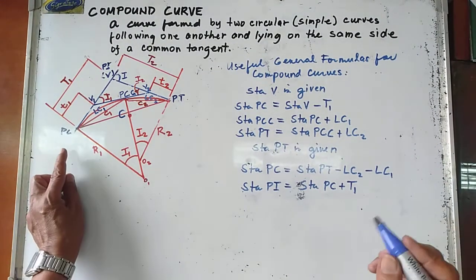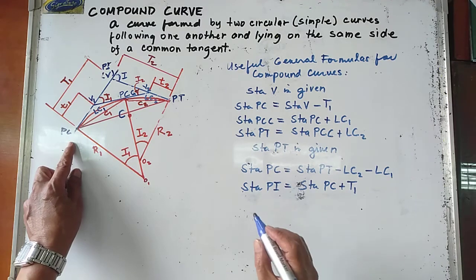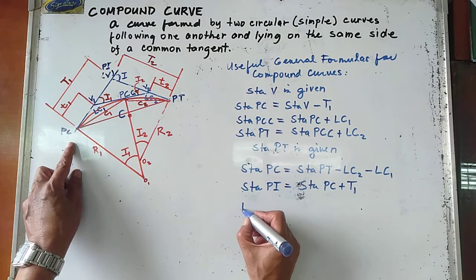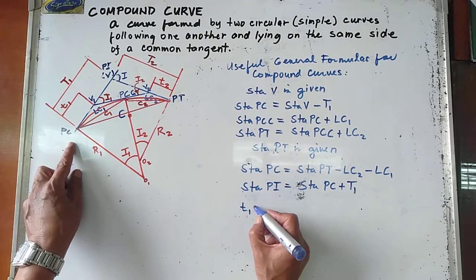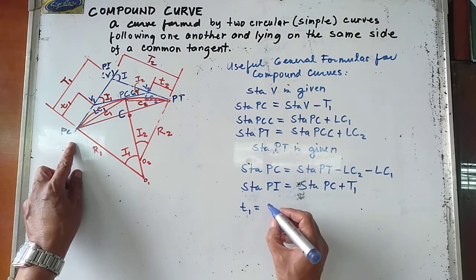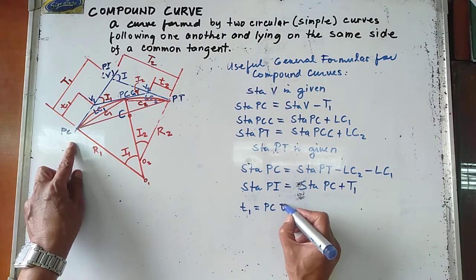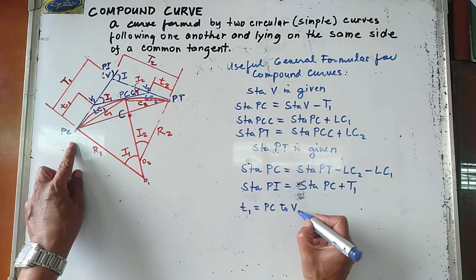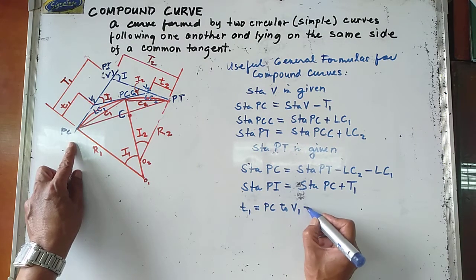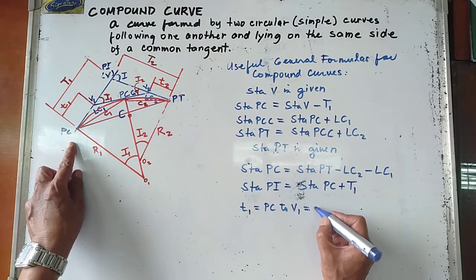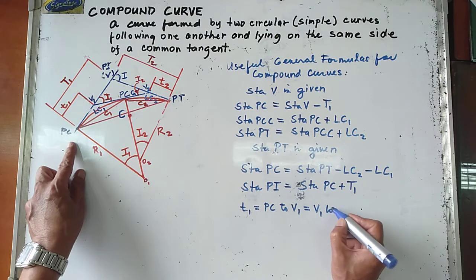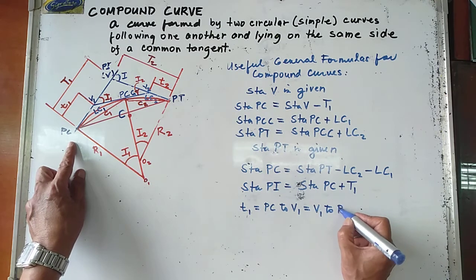So what is this tangent distance T sub 1? Your T sub 1 is the distance from the PC to V1, which is equal to the distance from the vertex of the first simple curve to the PCC.